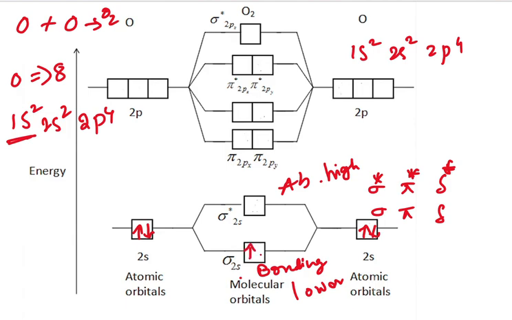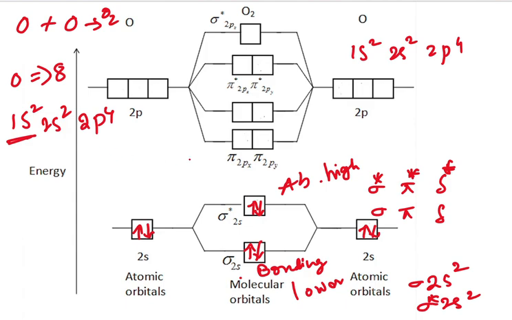First one electron comes into the sigma 2s, then the second electron from the other oxygen atom pairs up as per Hund's rule, and the rest of the electrons move to the anti-bonding orbitals. Then the electronic configuration is sigma 2s2 and sigma star 2s2 when 2s overlaps.